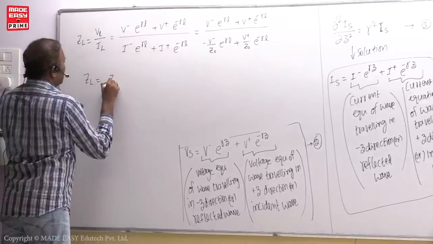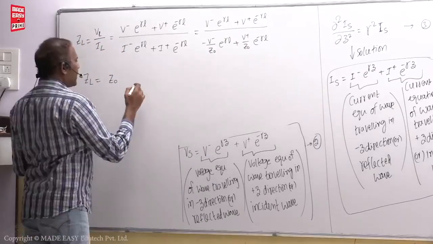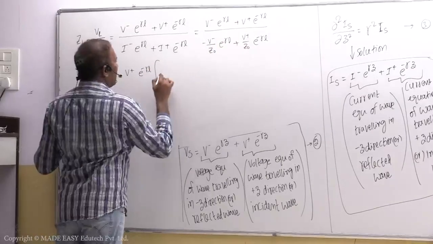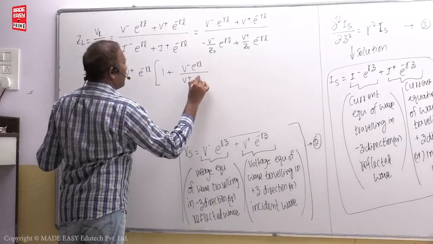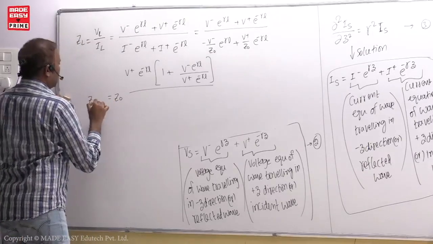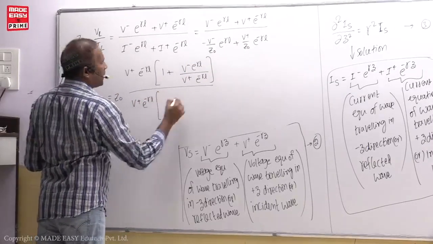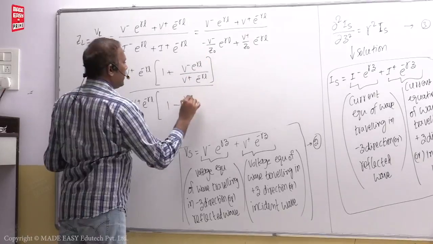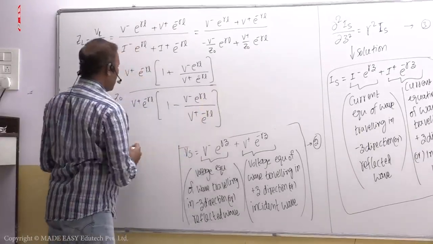So ZL is equal to Z naught into, taking V plus e power minus gamma L common, the numerator gives 1 plus V minus e power gamma L divided by V plus e power minus gamma L. And in the denominator, V plus e power minus gamma L is common, so ultimately we get 1 minus V minus e power gamma L divided by V plus e power minus gamma L.